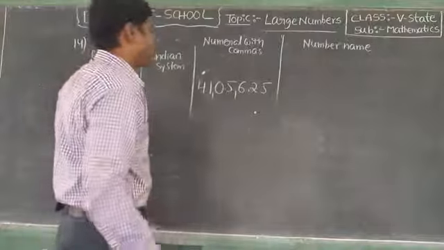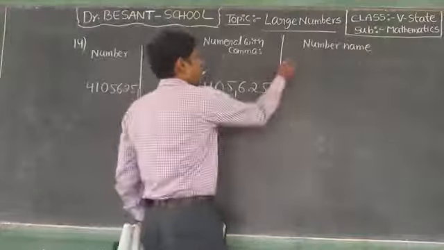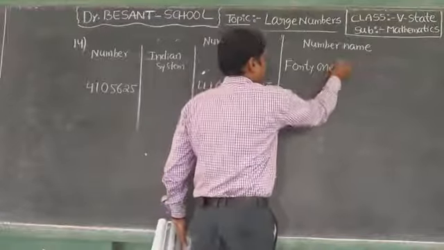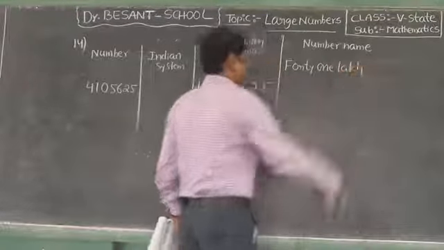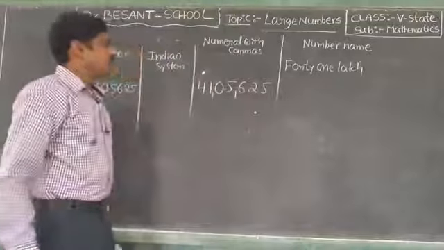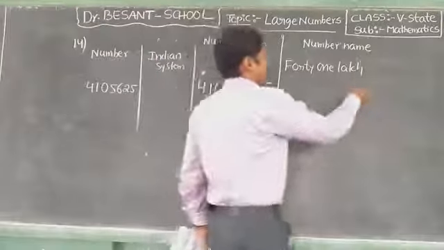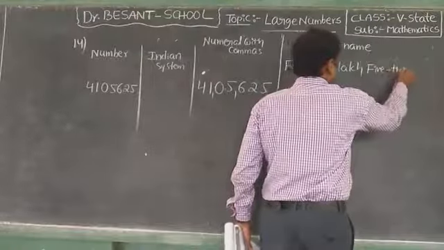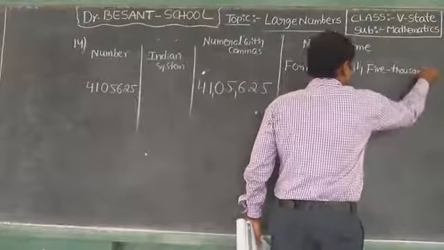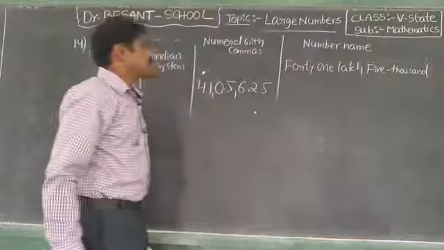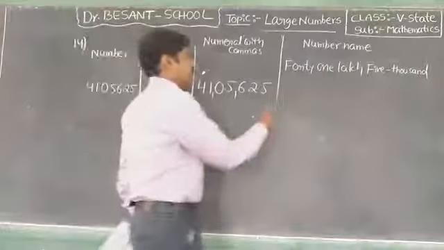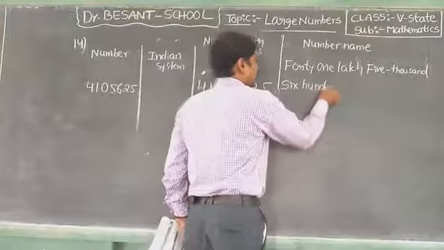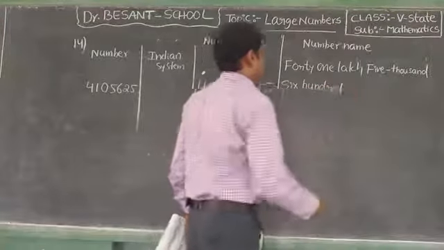So 41, what is the number name? 41 lakh. Okay, 5,000, 625.